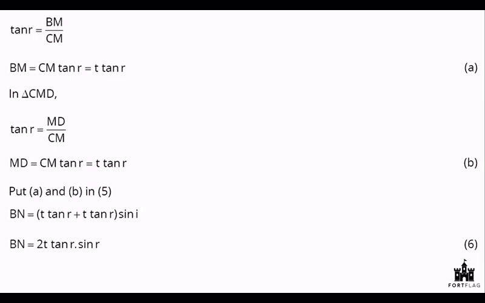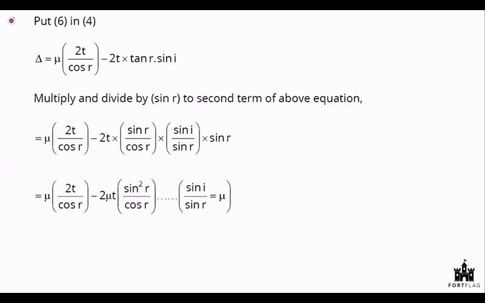So BN is equal to 2t tan r sin i. Again, we try to convert everything in terms of mu. So we multiply the numerator and denominator by sin r.